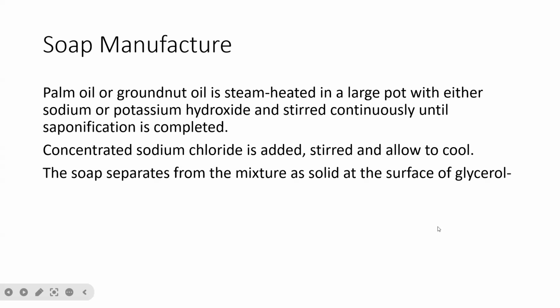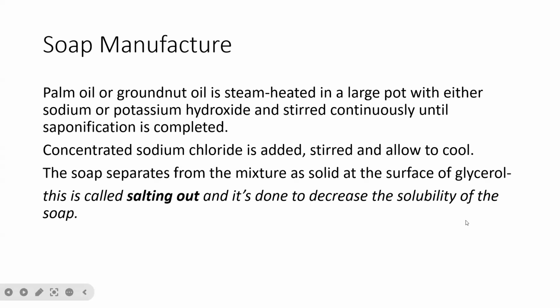It reduces the solubility of soap in glycerol. So you now have the soap batch floating on the glycerol. The glycerol will be under, the soap would be at the top. This is called salting out. Take note. This is called salting out. And why is it done? To decrease the solubility of the soap.